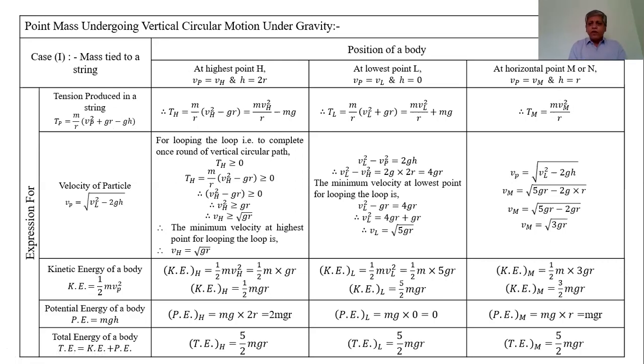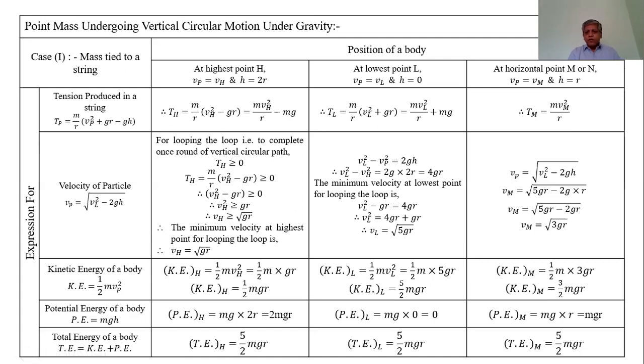Now, let us find the minimum speed. What is the minimum speed at the lowest position, at the highest position, and at the middle positions required to complete the vertical circular motion? For that purpose, here the mass is tied to a string.